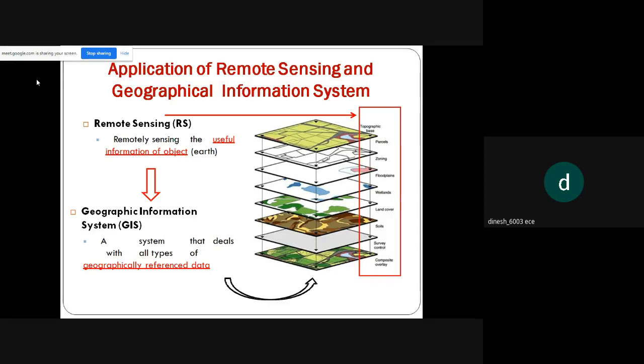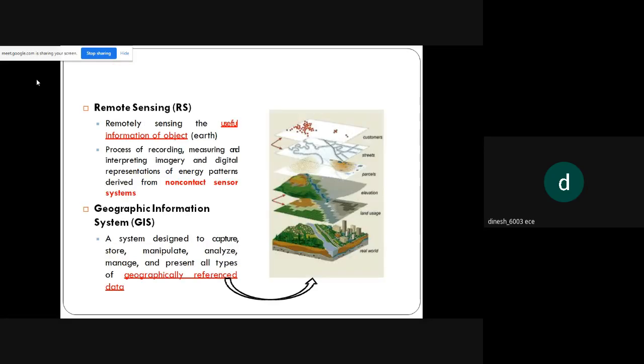All this information is with respect to the earth. That information is acquired by remote sensing, then given to GIS. GIS is a system that deals with all types of geographically referenced data. So we are going to see these two combined in this topic.